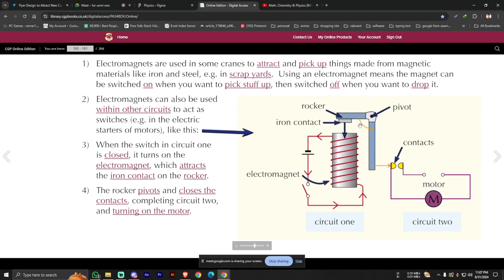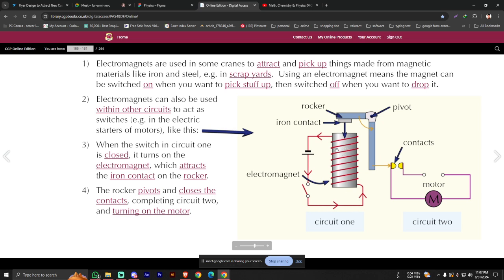Okay, so what's the understanding here? The understanding is that when the first circuit is completed, or we turn on the switch, the battery is connected with the solenoid and the iron core. That means the electromagnet will be turned on, which will create more magnetic field than the original circuit had.